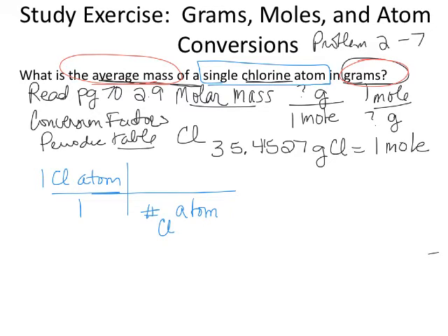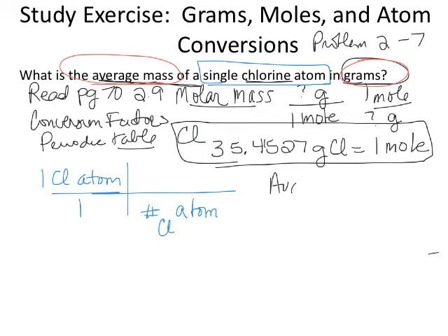And I've given you a conversion factor here. It's called the molar mass. But you're going to need another conversion factor. And that conversion factor is using Avogadro's number. And that's what is discussed in section 2.9 of your book.